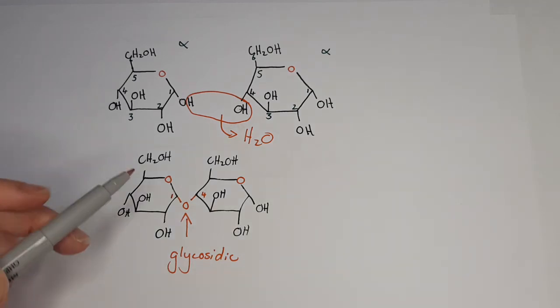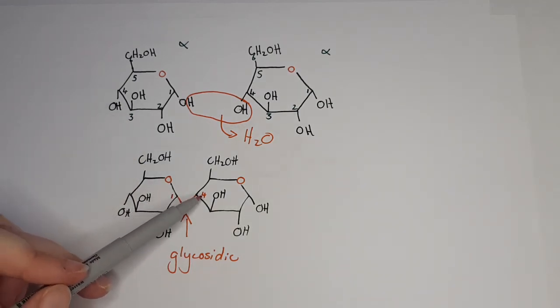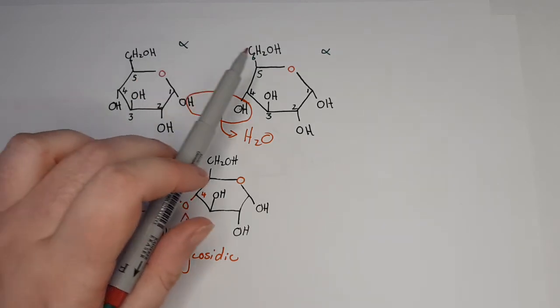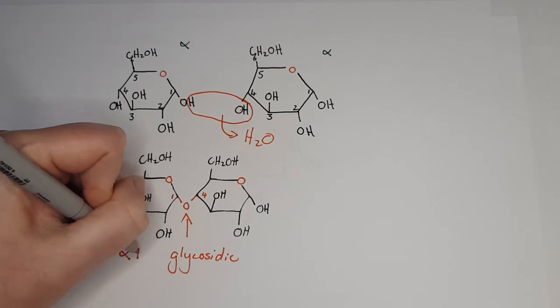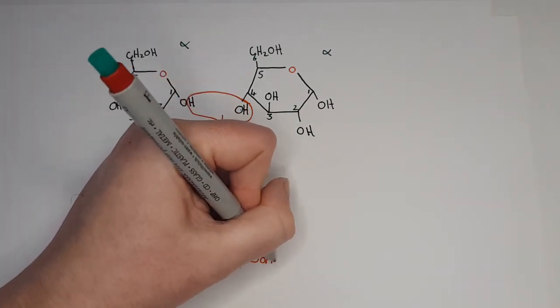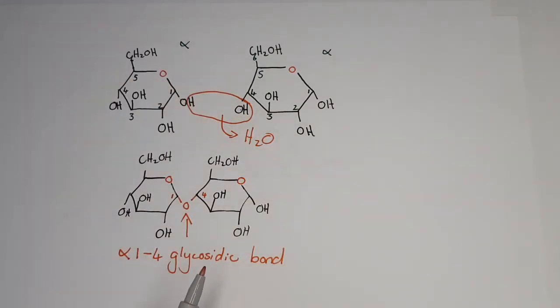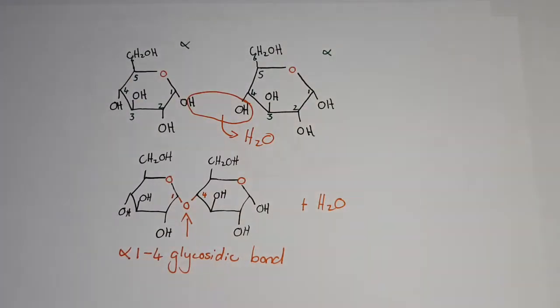So now we have a glycosidic bond between carbons 1 and 4, and these were alpha molecules. So we can say it's an alpha 1,4 glycosidic bond. So that's the full name of that bond. Plus, I made a water molecule.